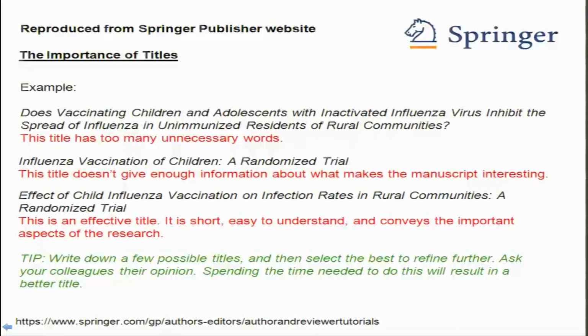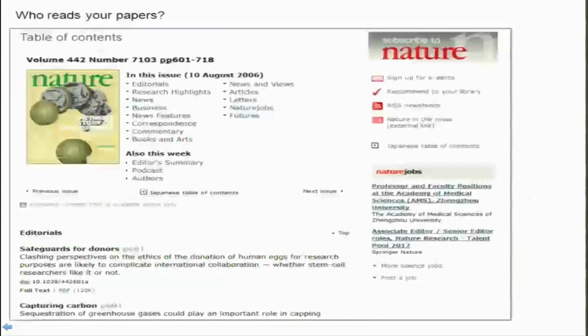Do you mean this? Does your work reflect these aspects? Ask your colleagues for their opinion. Spending the time needed to do this will result in a better title. So it's important that you write 2, 3, or 4 alternative titles, discuss, and arrive at a better title. That is extremely important.